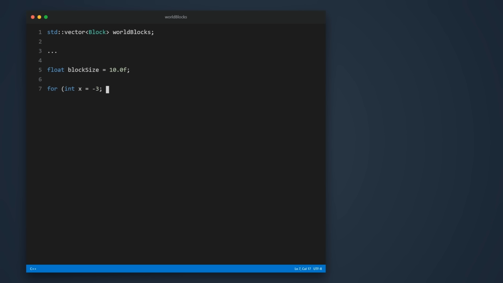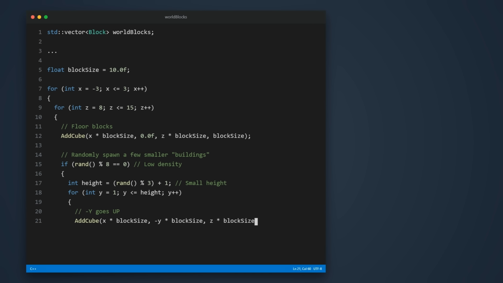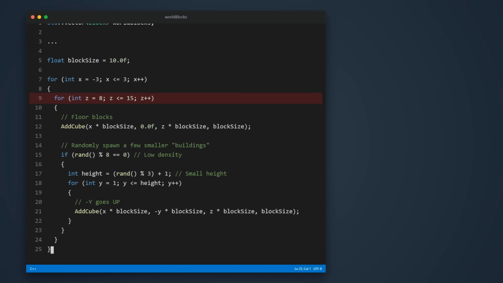Down in our onUserCreate function, I've set up a double for loop to generate a procedural grid. It iterates x from -3 to 3 and z from 8 to 15. Notice the starting z value. We deliberately spawn the world far in front of the camera so we don't start inside the wall.